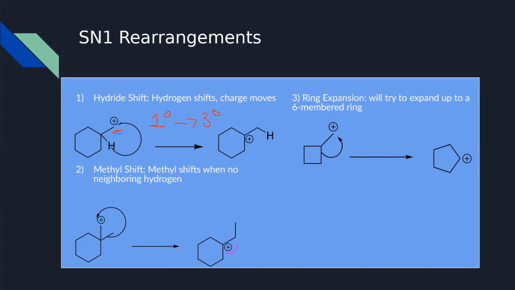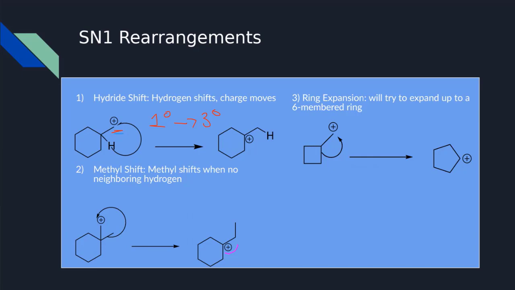And one thing to note is if it's possible for there to be a hydride shift, we're going to prefer that to a methyl. So don't go too gung-ho about that. If there's a hydrogen, first check if there's a hydrogen adjacent that can put our carbocation in a stable position. If not, then we can do a methyl shift. Otherwise, we do prefer to have a hydride shift happen first.